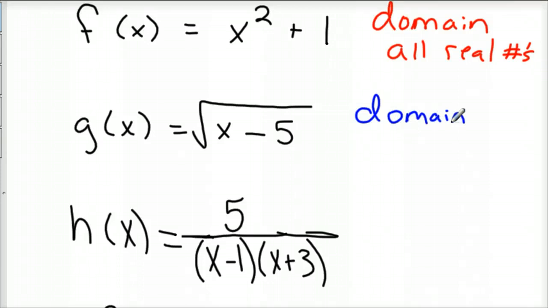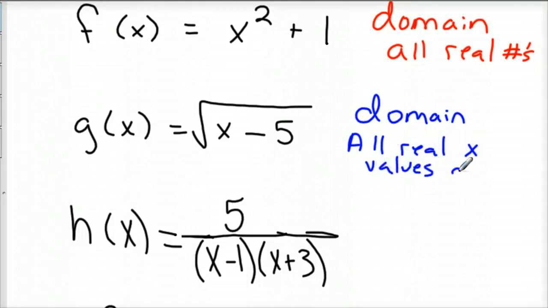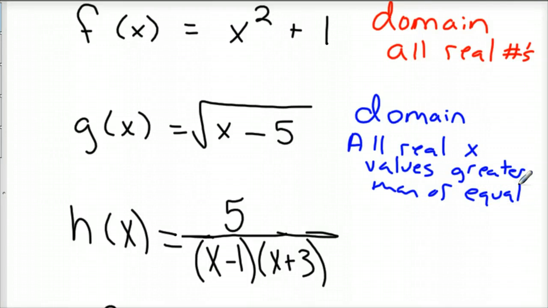Domain, I have them writing it in blue, isn't that nice? Domain, like I say, I don't care if you use words, symbols, whatever. It's all real x values greater than or equal to 5.